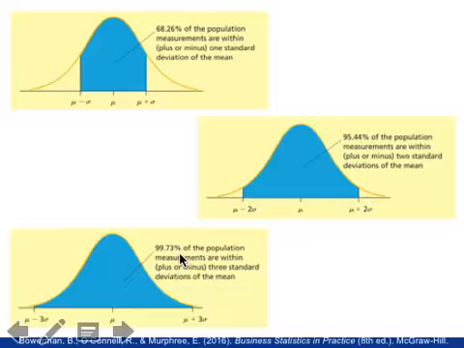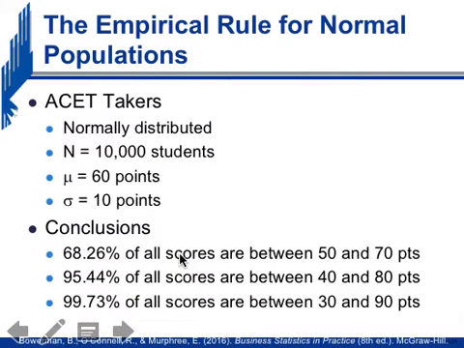Now, for example, if you look at all the ASET takers, let's say the scores of all the ASET takers are normally distributed and you have a total of 10,000 ASET takers. Let's say the average of the scores is 60 points and the standard deviation of all the scores is 10 points.